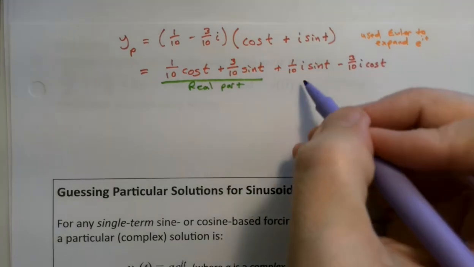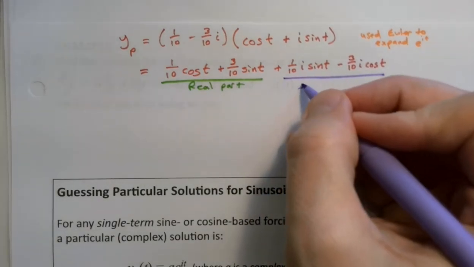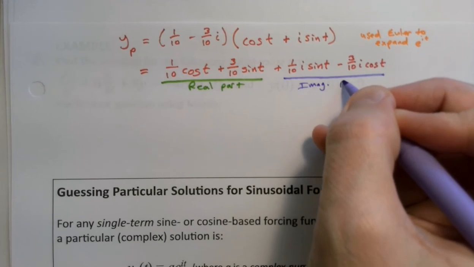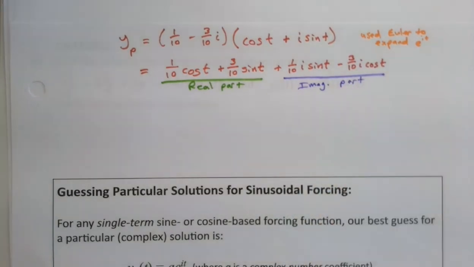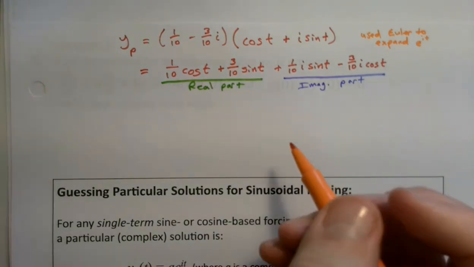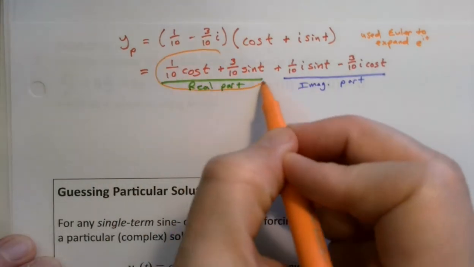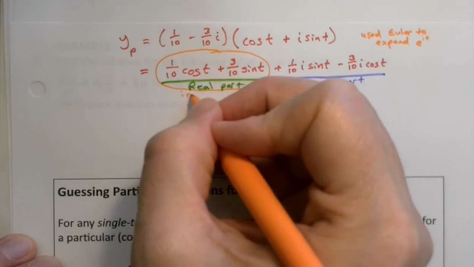So color code that as well. And since we know we only care about the imaginary terms in this solution, we don't care about this. This whole thing right here is irrelevant.